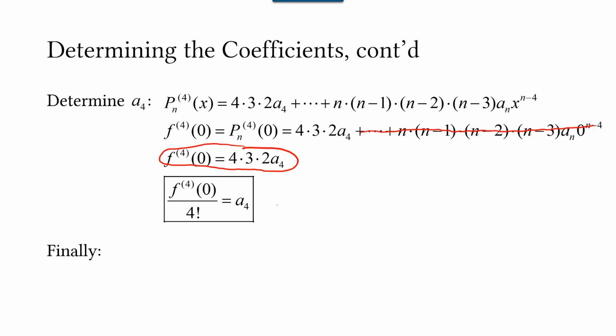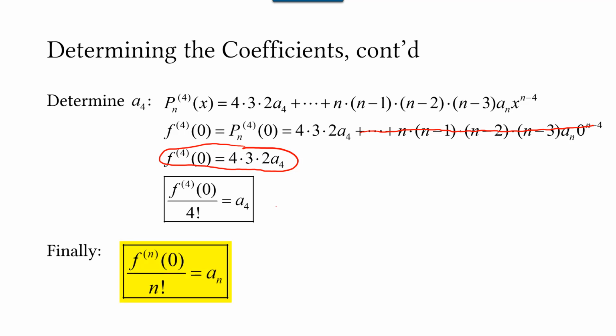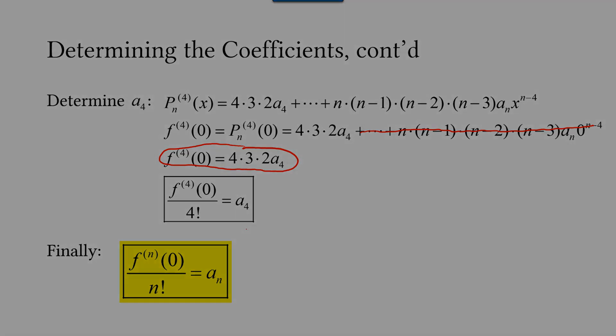So here's the main result. We can write down any coefficient for our Taylor polynomial by computing the nth derivative of the original function, plugging in 0, and dividing by n factorial. So this provides us with the way of figuring out analytically what the best possible polynomial approximation is to our function.